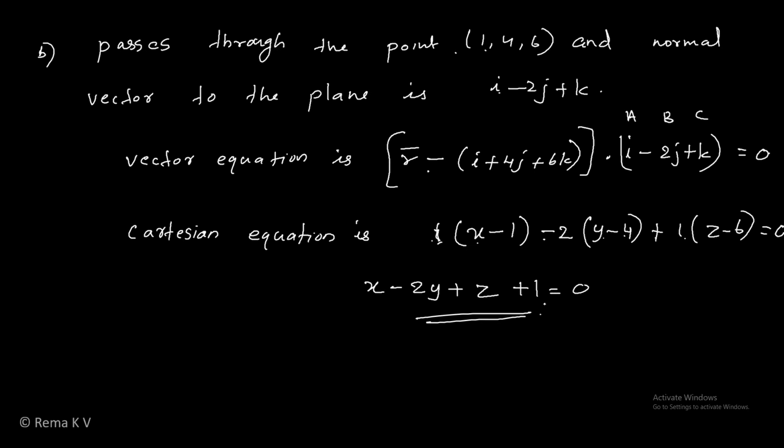So I hope this is clear to you: if a point and a normal to the plane are given, how to write the equation of a plane. Okay, let us move to the next heading, next type.